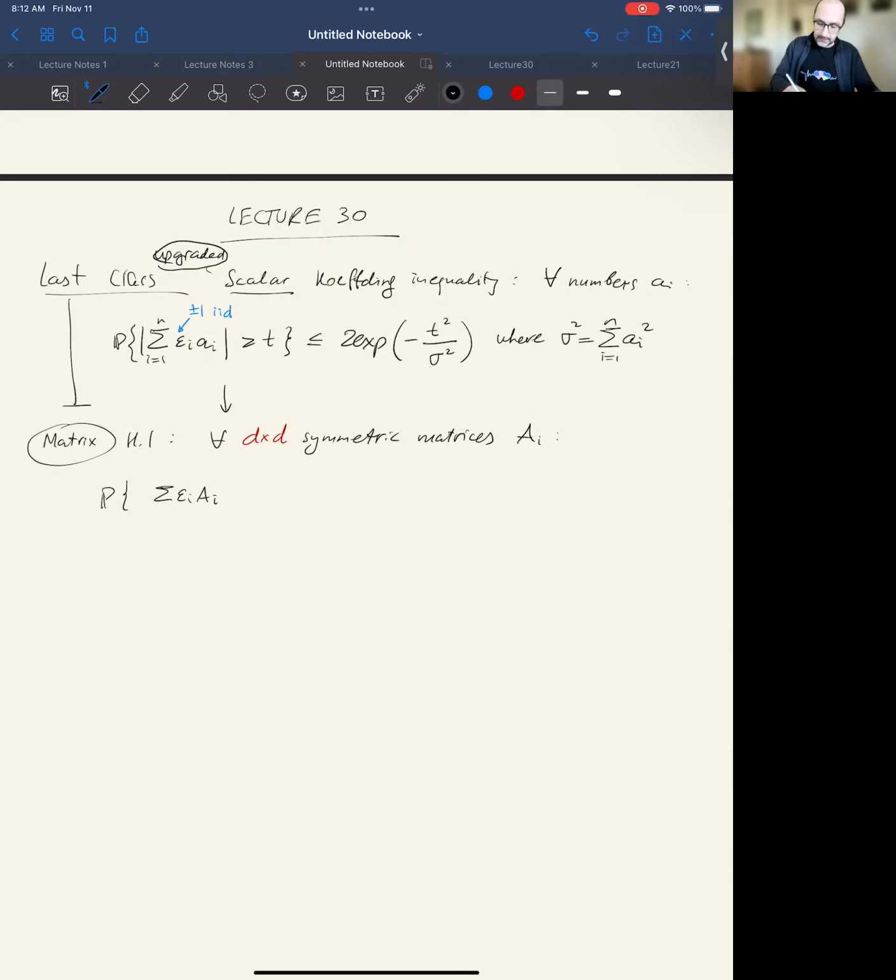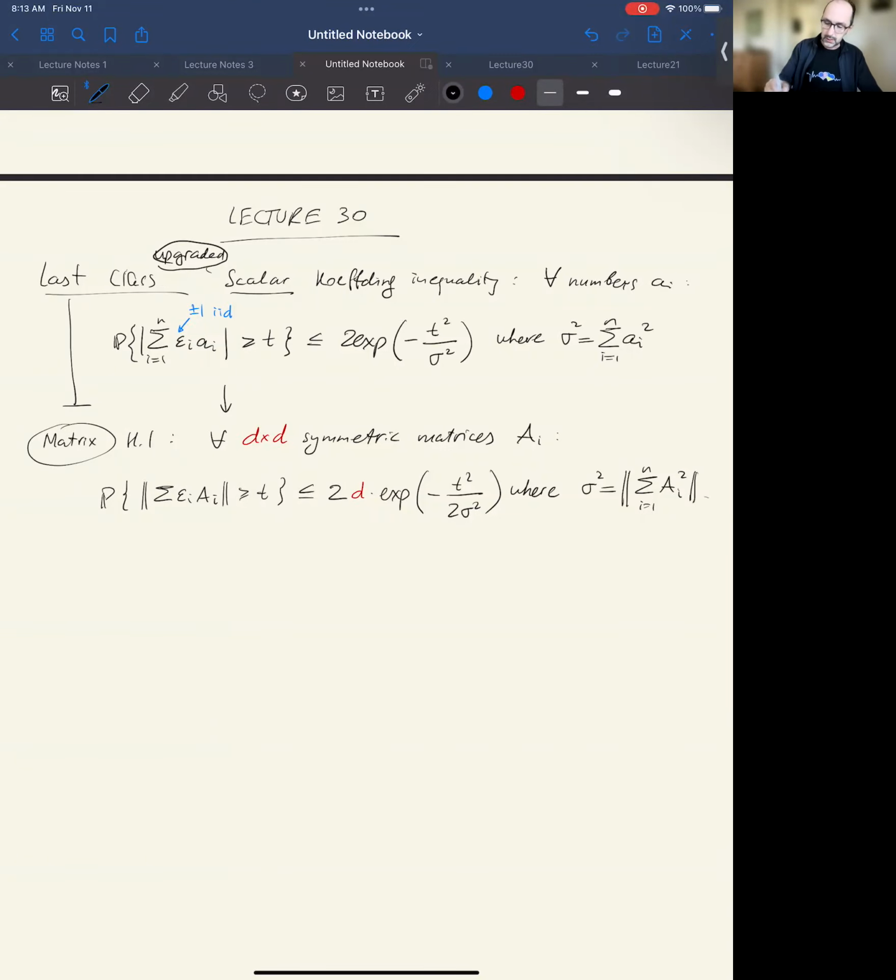Instead of absolute value, we take the operator norm. And the right-hand side is about the same, except there is a factor of dimension d, then e to the minus t squared over 2 sigma squared, where sigma squared is the same, a sum of a_i squared, except of course it's a matrix now, so I have to take the norm of that again.